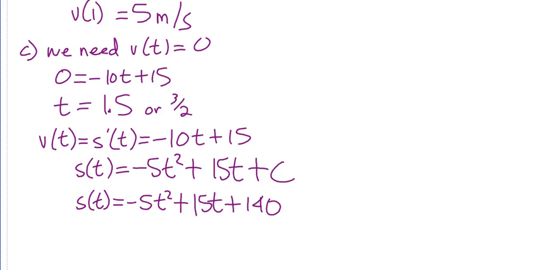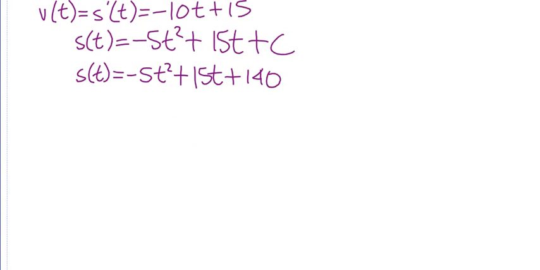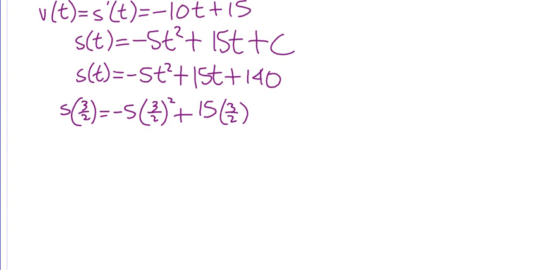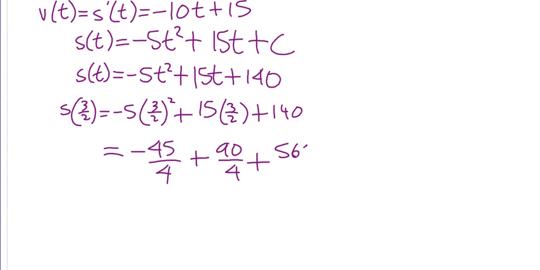And we were actually supposed to evaluate this, right? We're supposed to find what the height is. So we need s of 3 over 2, which is negative 5 times 3 over 2 squared, plus 15 times 3 over 2, plus 140. All right, what do we got? Negative 45 over 4, plus 45 over 2, so let's call it 90 over 4, plus 140, which is 560 over 4.